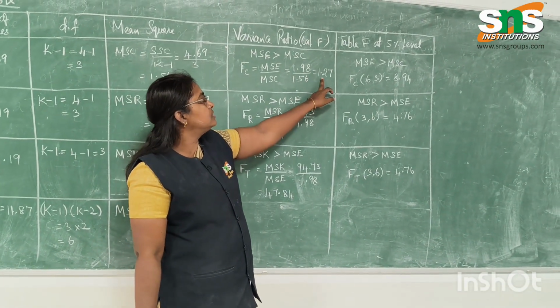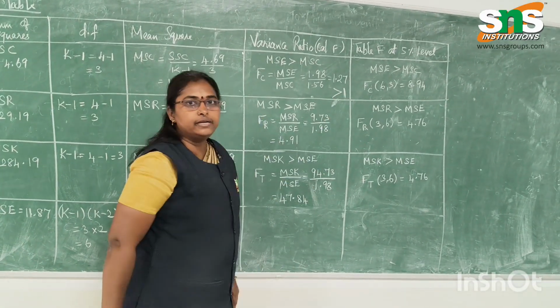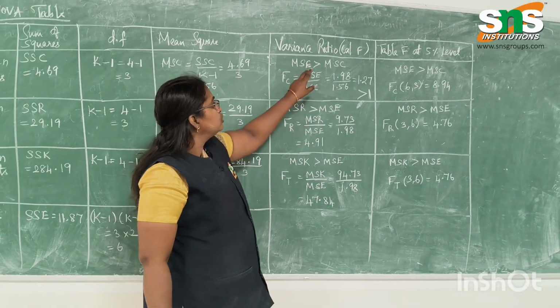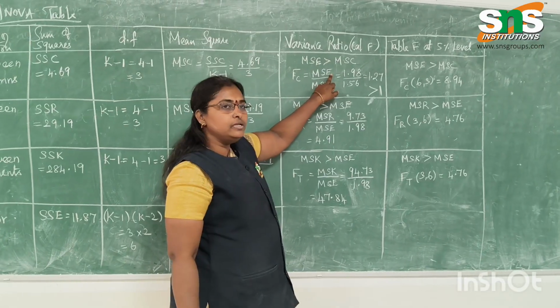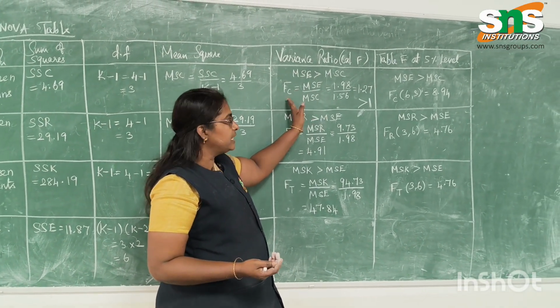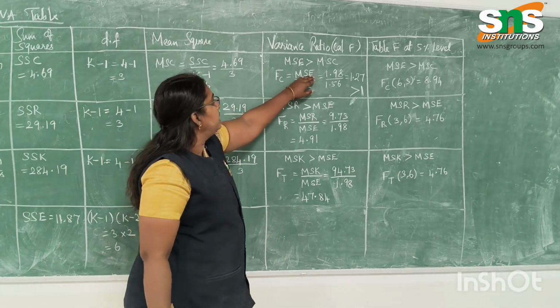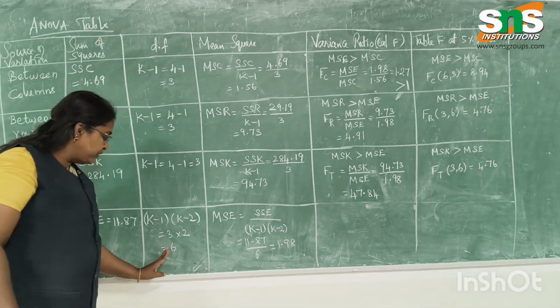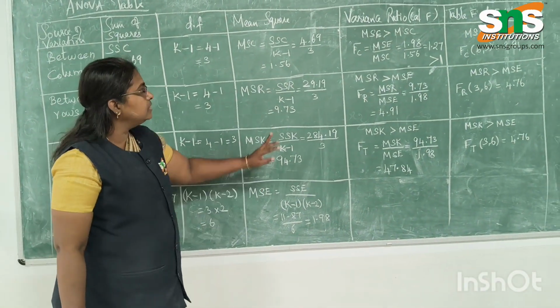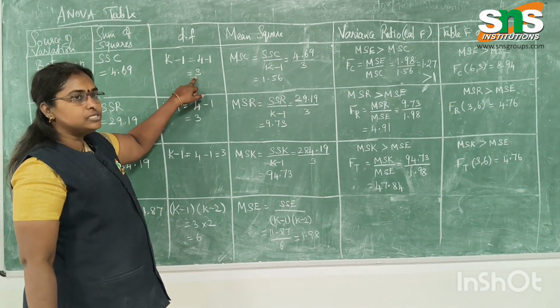So the value is 1.27, which is greater than 1. Always you want to get a value greater than 1. Here I am writing the error in the numerator and column in the denominator. For the table value, the error degrees of freedom is 6 and the column degrees of freedom is 3.